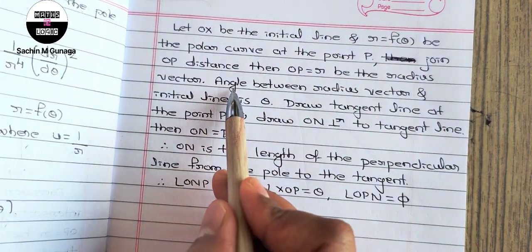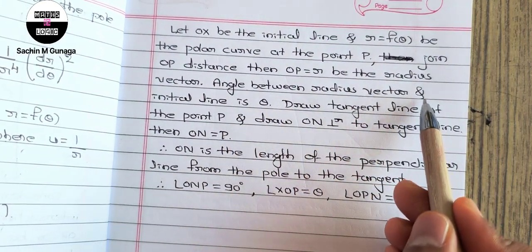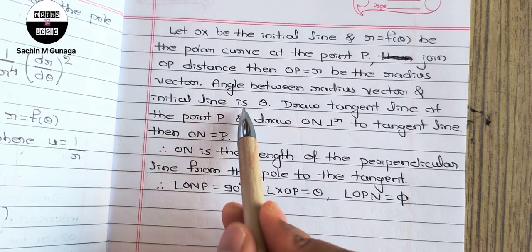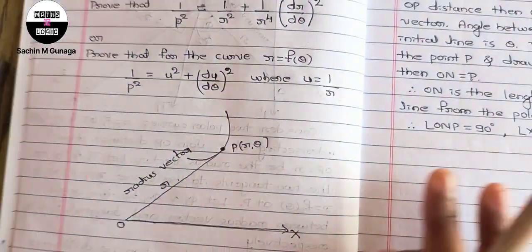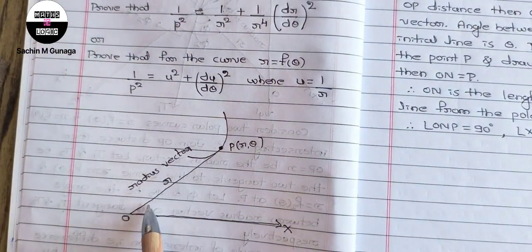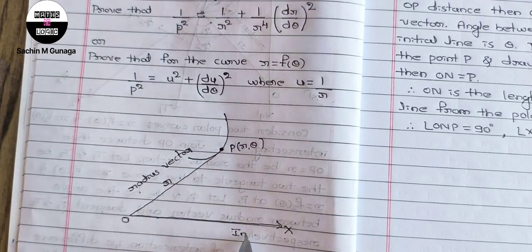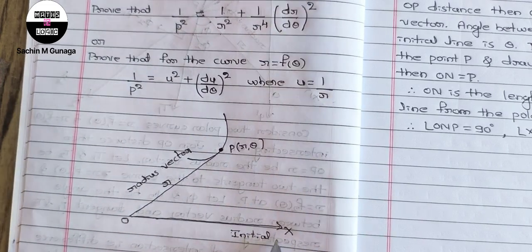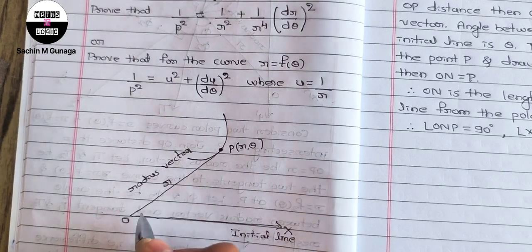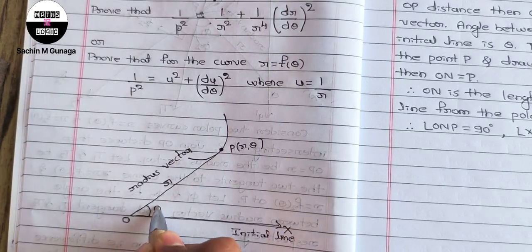Next, the angle between the radius vector and the initial line is theta. So this becomes angle theta.